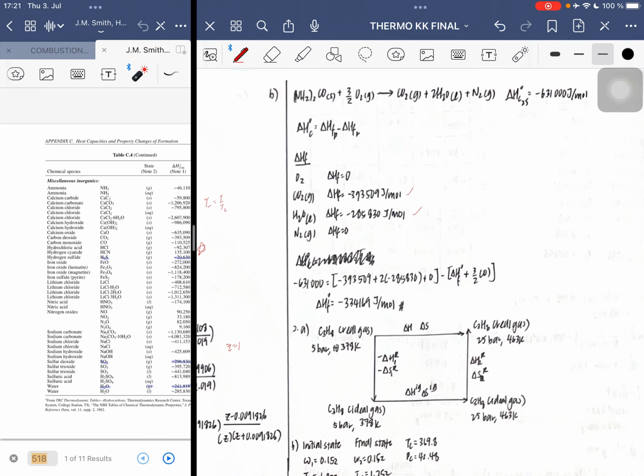The tricky part is that the equation is n ΔHf of products minus n ΔHf of reactants, where n stands for the stoichiometric coefficient. If you have 2H2O, then this will be multiplied by 2.